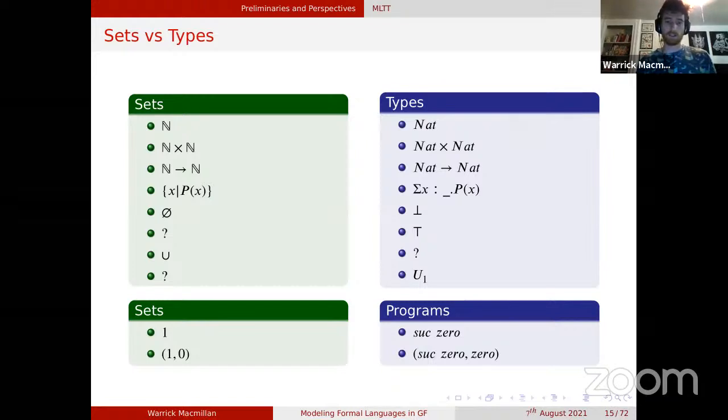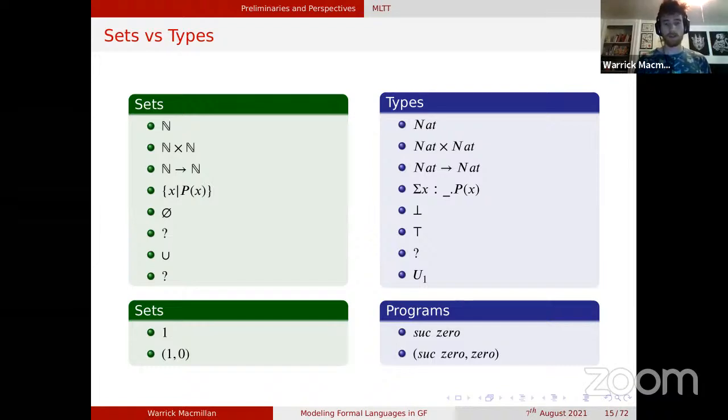Then there's also sets and types. So when we do math in the classical sense, in the math department sense, we have logic, and then we talk about the propositions, and then there's the sets that are kind of just objects, which we talk about in our propositions.